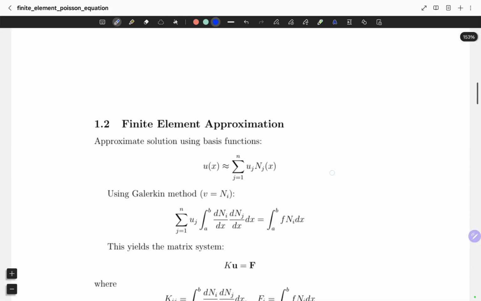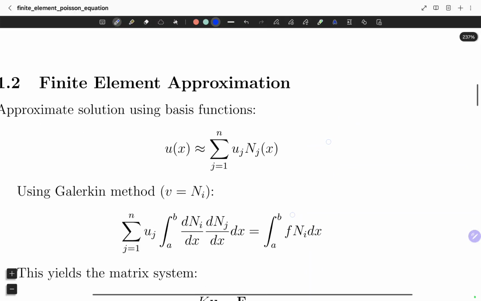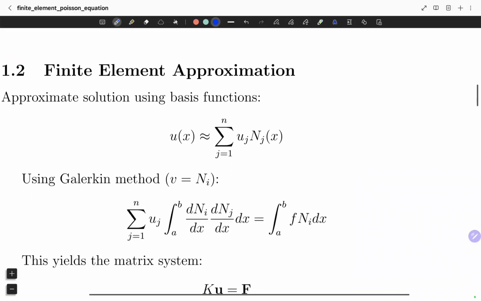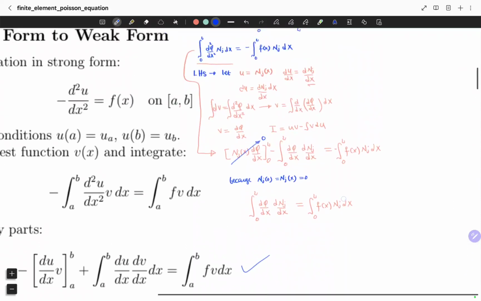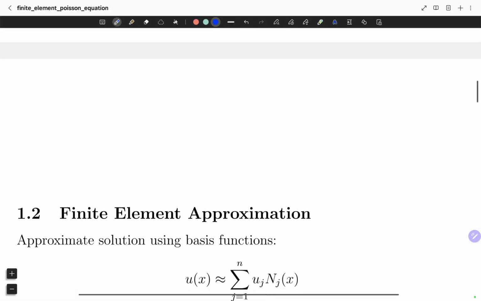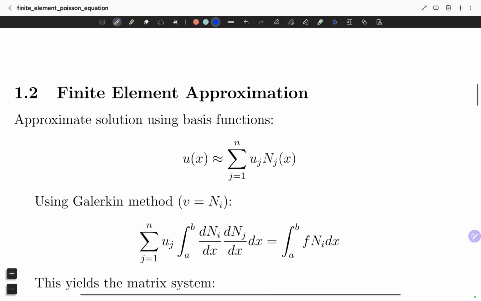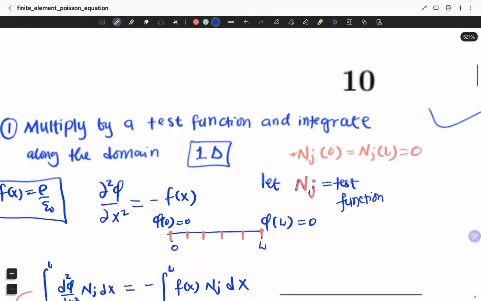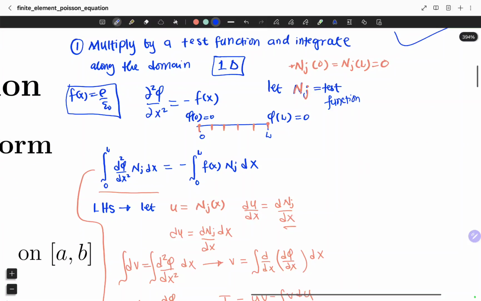Now step 2 is, so I used nj as the test function. Now I have to compromise, because I was using nj here, unless I would like to use ni.